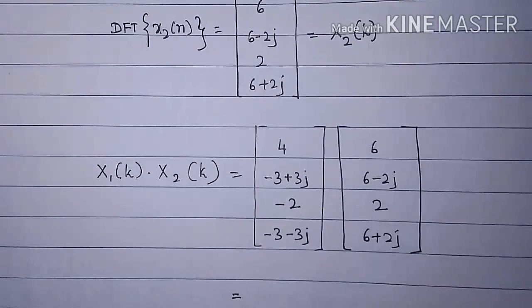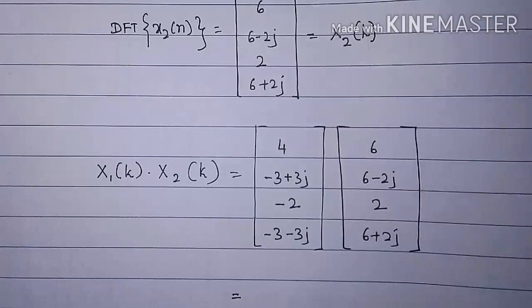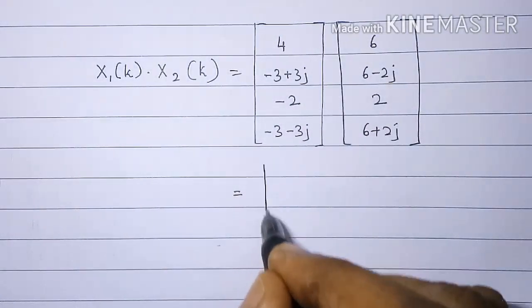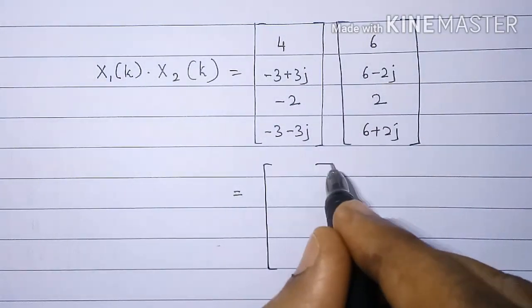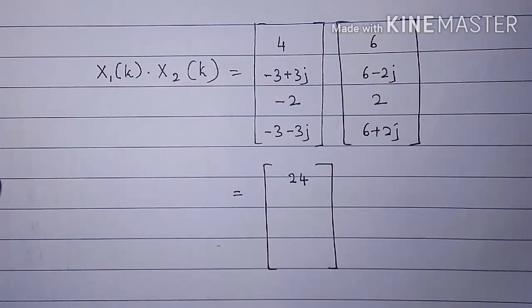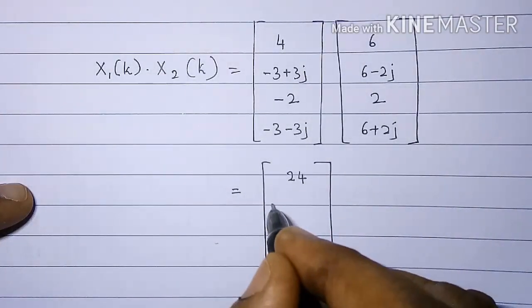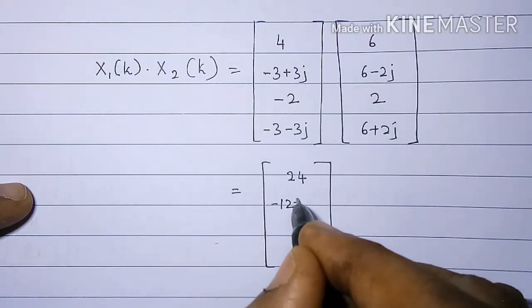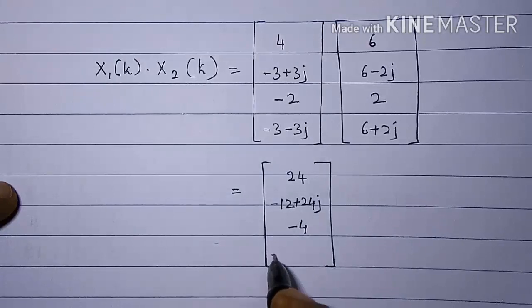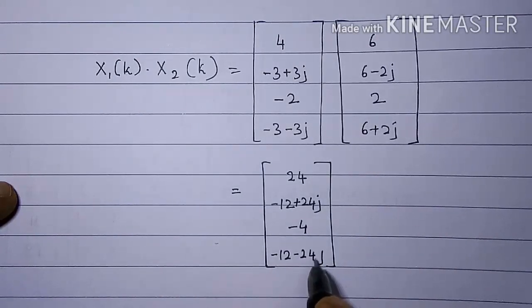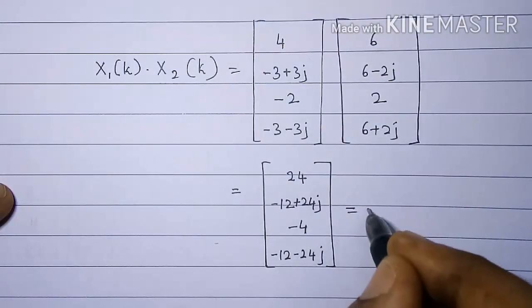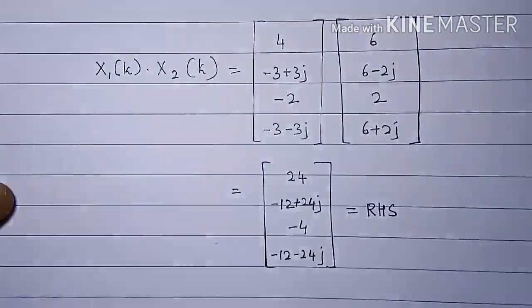So when you multiply the corresponding samples, you will get 24, minus 12 plus 24j, minus 4, minus 12 minus 24j, and this is RHS for us.